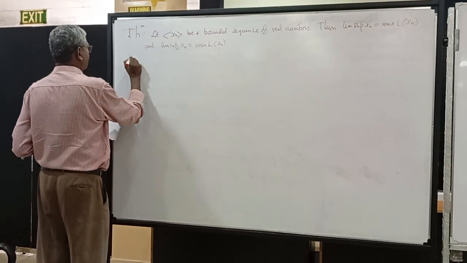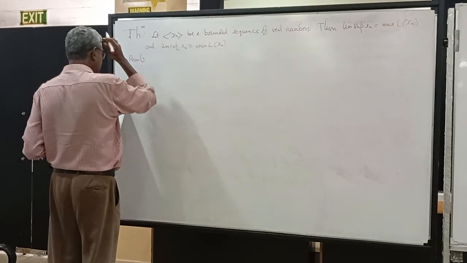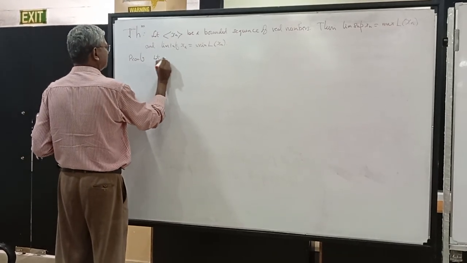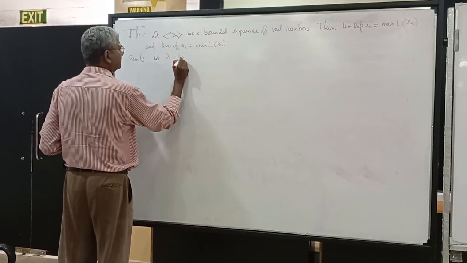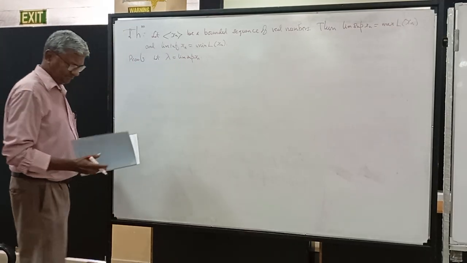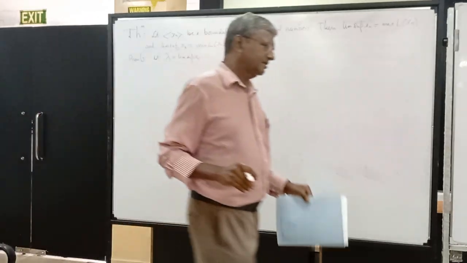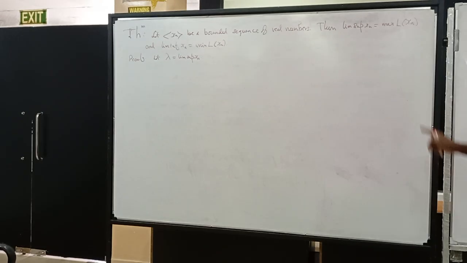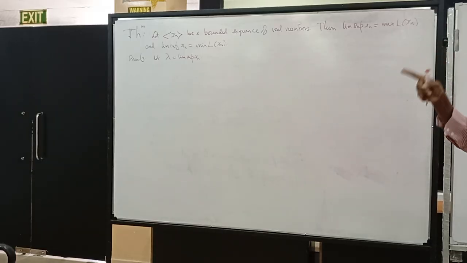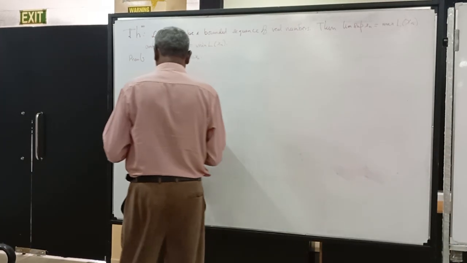Proof. Let lambda be equal to lim sup Xn. Then what do I have to prove? I have to prove that there is a subsequence of Xn, say Xnk, which converges to lambda. That's what I have to prove.